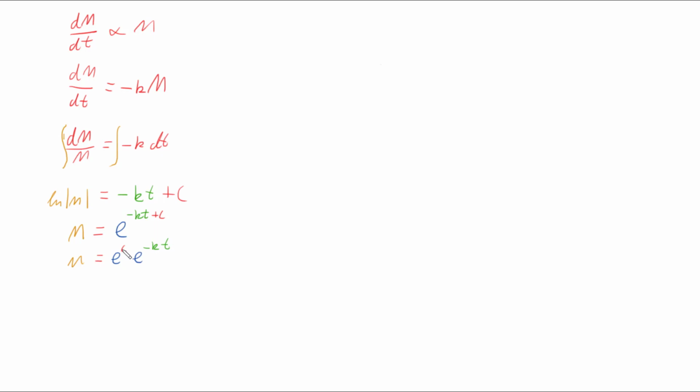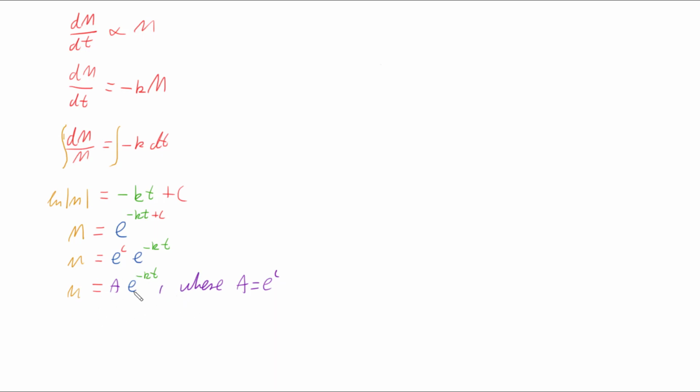We can write e to the c as just a constant A, so M equals A e to the negative kt, where A equals e to the c. That way we're clear where that constant A came from.